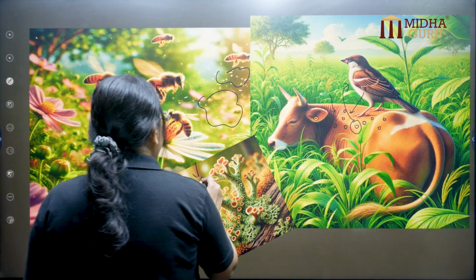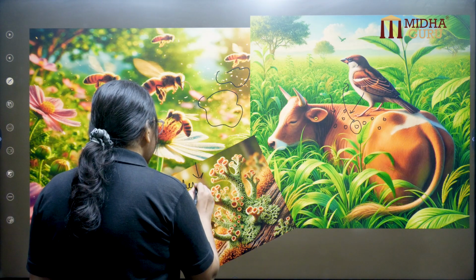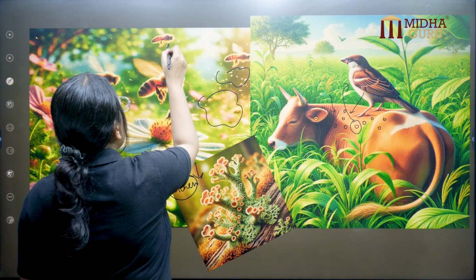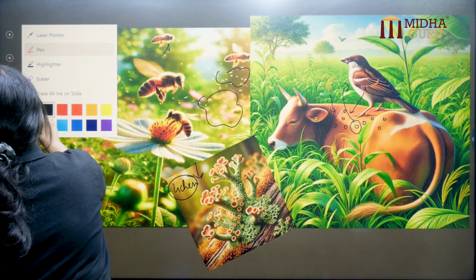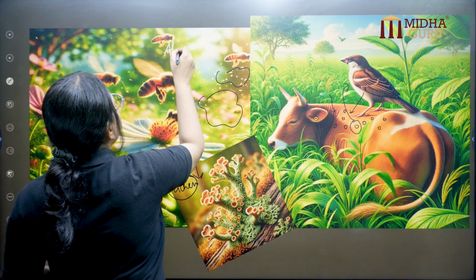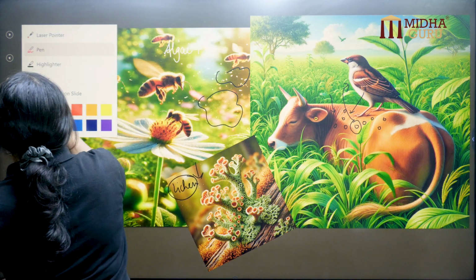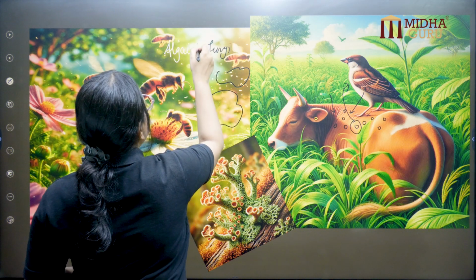Now the very important and very famous one, and that is lichen. You all may know about it, it is a relationship between algae plus fungi.